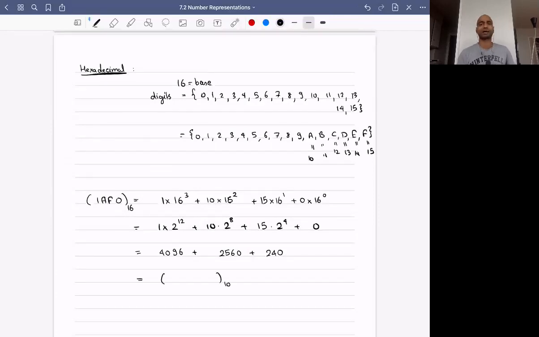Okay, so that's how you represent numbers in different bases. And actually what we've been doing here is converting digits from different bases to base 10, because we understand base 10. Like when I say the number 12, I mean 10 plus 2, but all of these I'm saying in base 10.